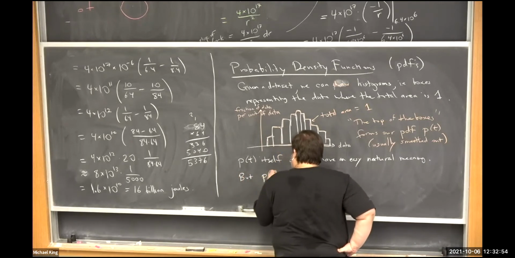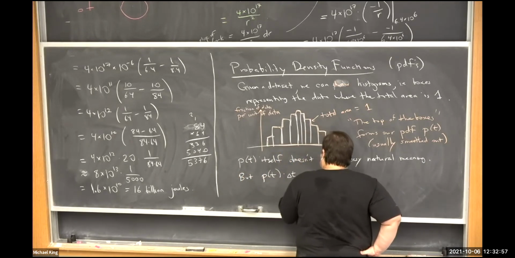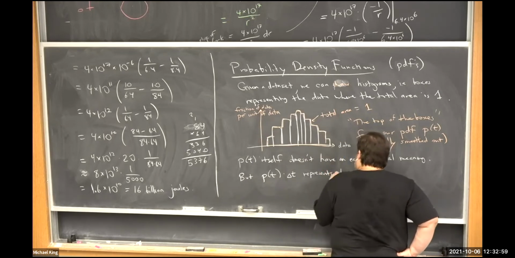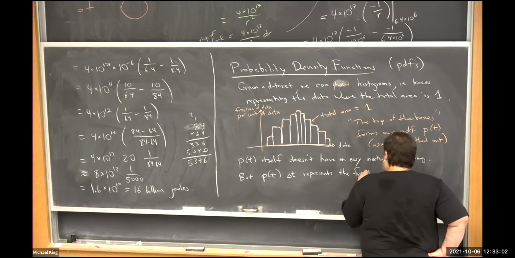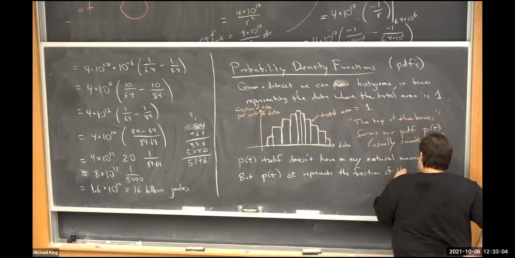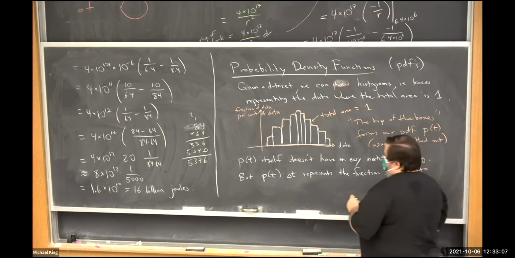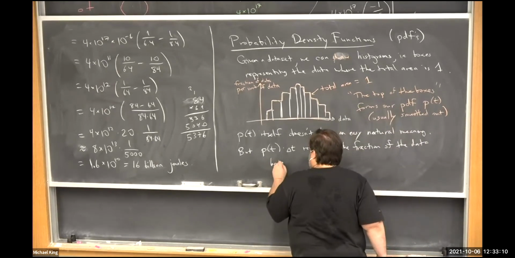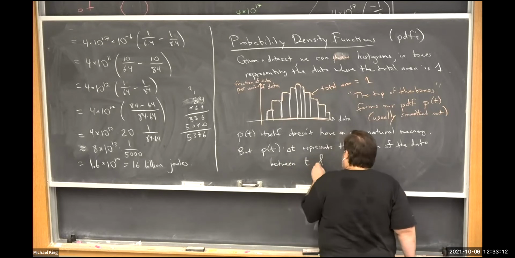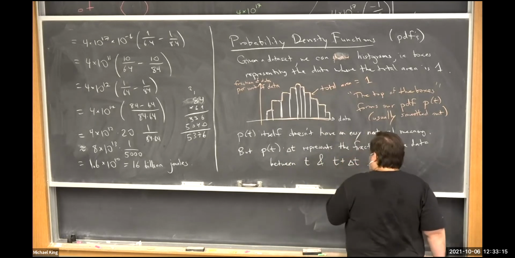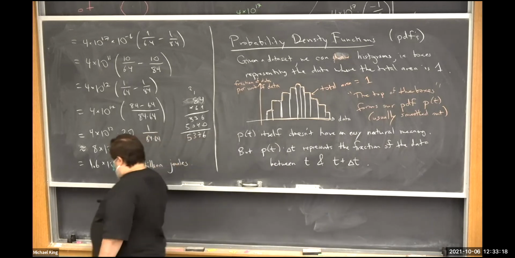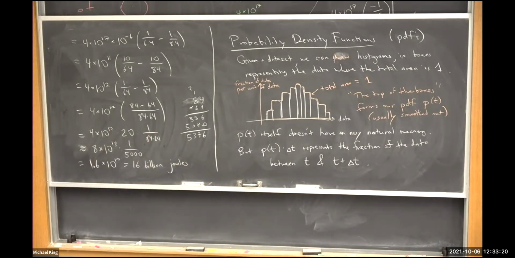P of t times delta t represents the fraction of the data between t and t plus delta t. You just give yourself a range. Delta t is almost like picking a range of the data you want to look at, and then you go from t to t plus delta t. Does that make some sense?